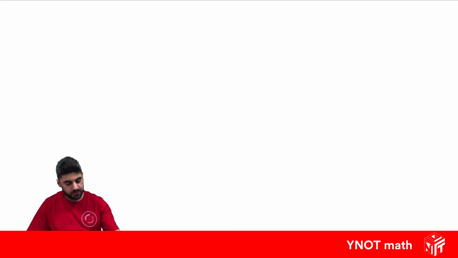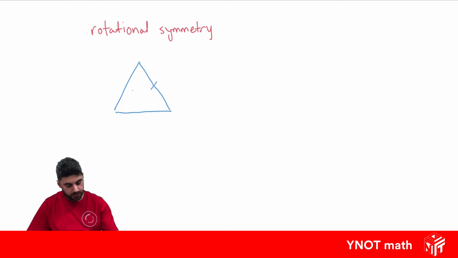Let's look at rotational symmetry. Let's use a triangle. We'll use an equilateral triangle this time, where all three sides are the same.